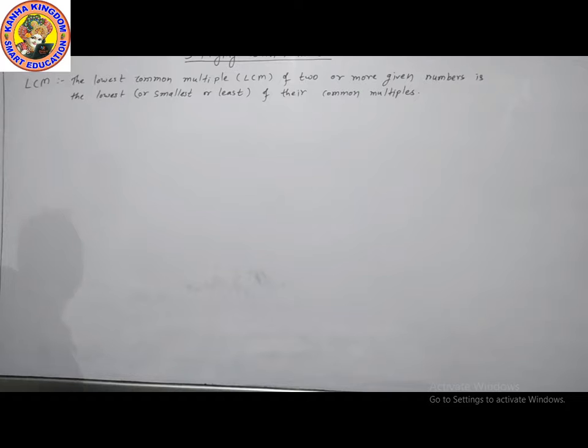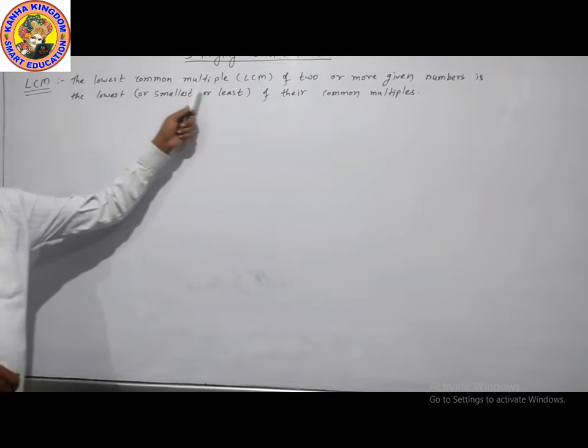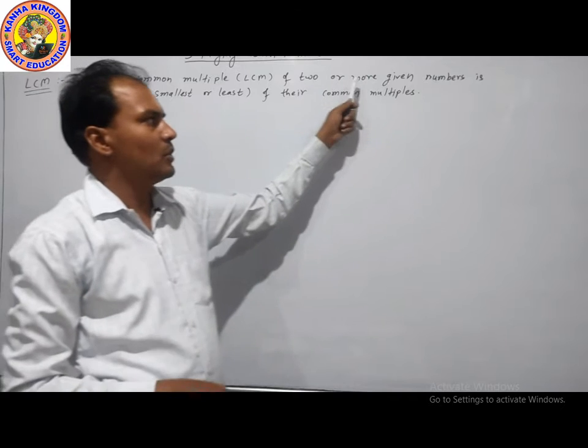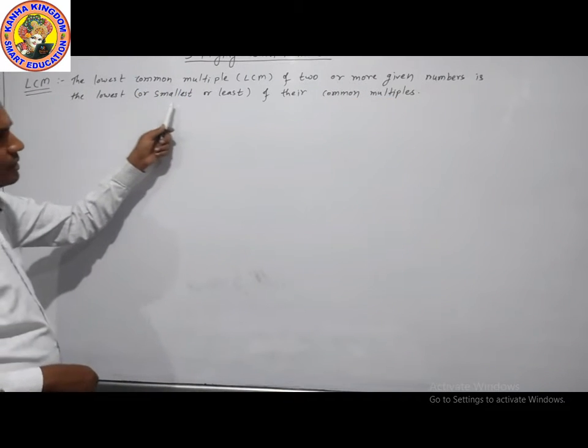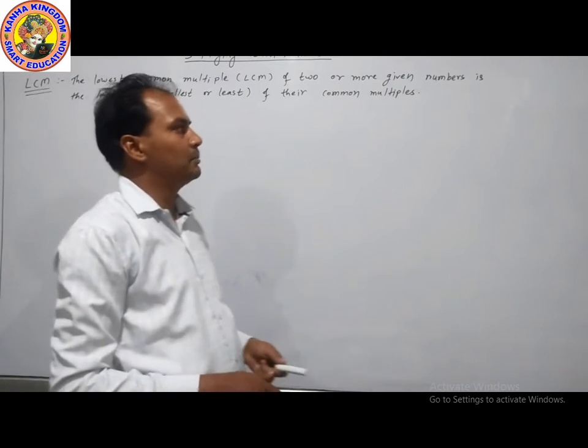Now our next topic is LCM. LCM is known as lowest common multiple or least common multiple. The definition of LCM: the lowest common multiple of two or more given numbers is the least or smallest of their common multiples.